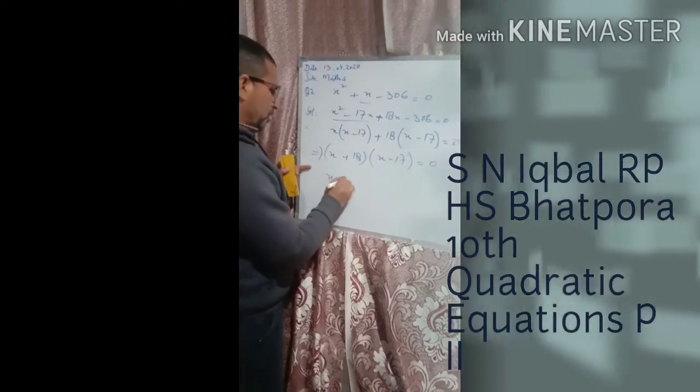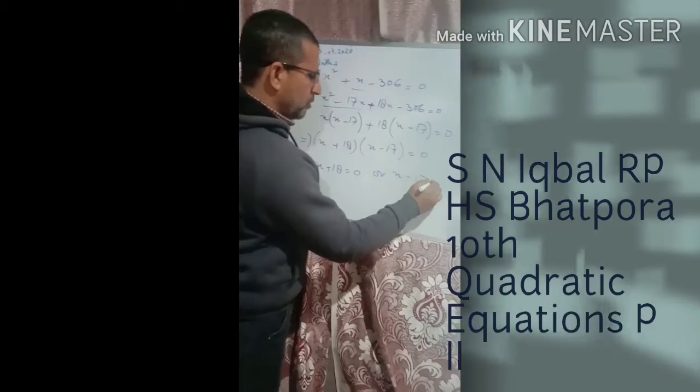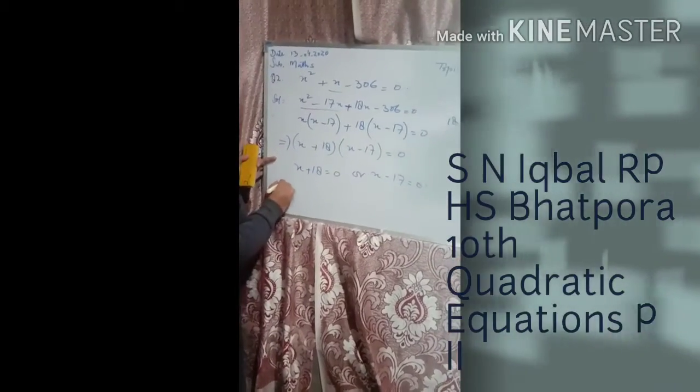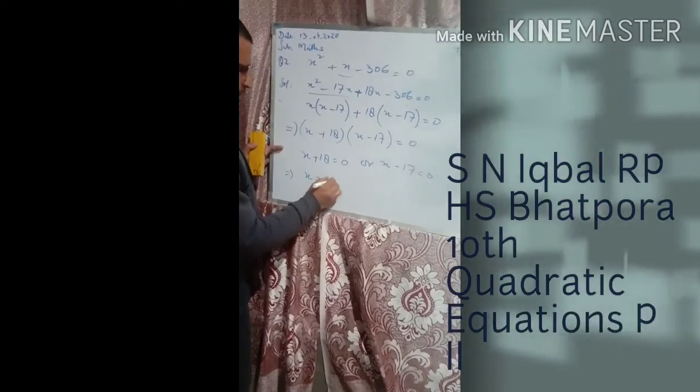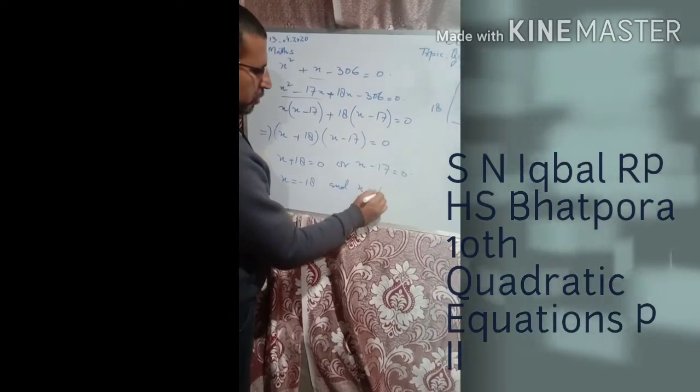Either x plus 18 is equal to 0 or x minus 17 is equal to 0, which implies that x is equal to minus 18 and here x is equal to 17.